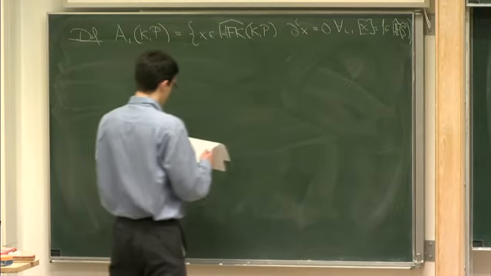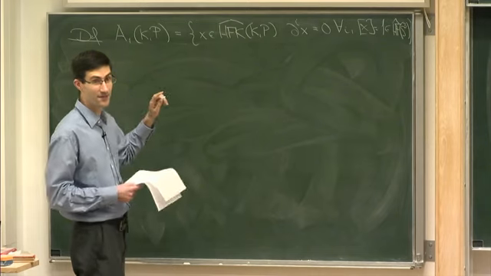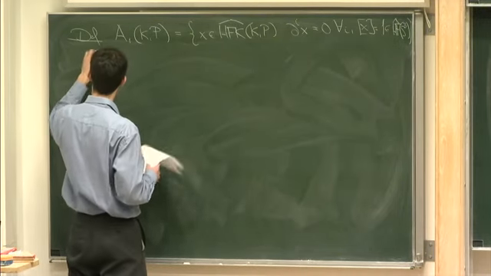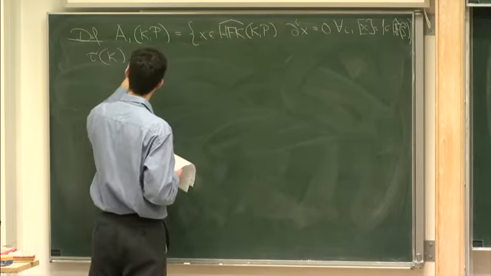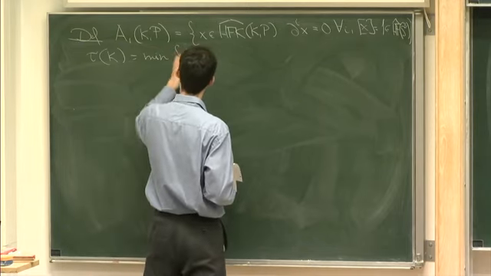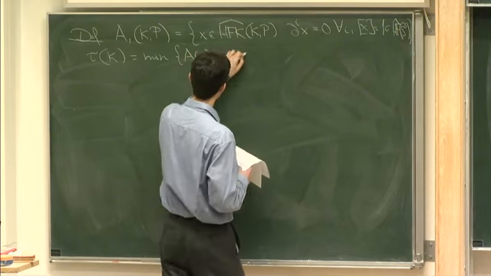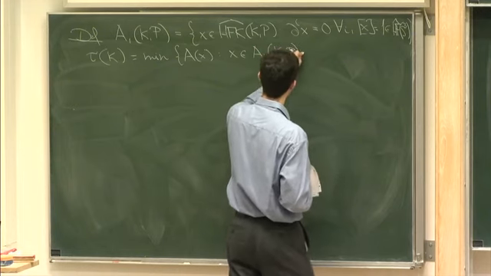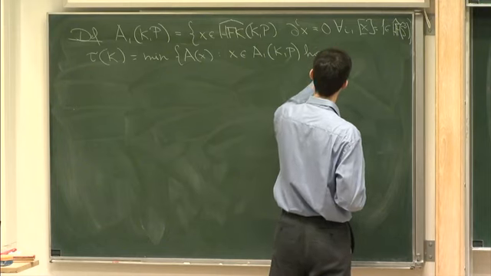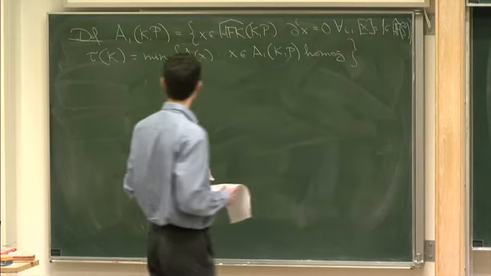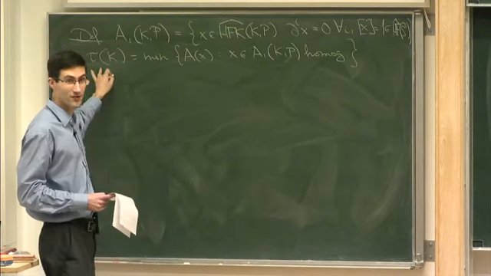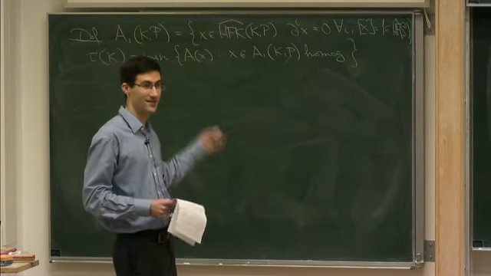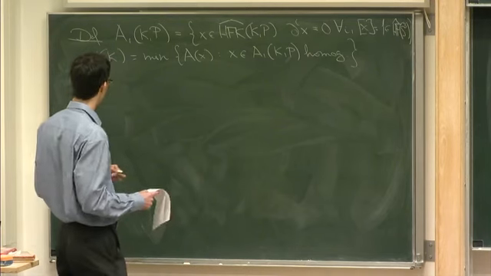Now, this should be familiar from the definition of the Ozsváth-Szabó tau invariant. So they defined tau of k to be the minimal Alexander grading of elements of A1 of k p that are homogeneous. And as you probably know, this is a homomorphism from the knot concordance group and gives, in absolute value, a lower bound on the slice genus.